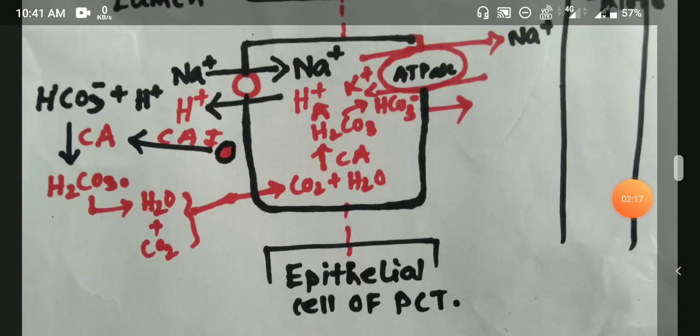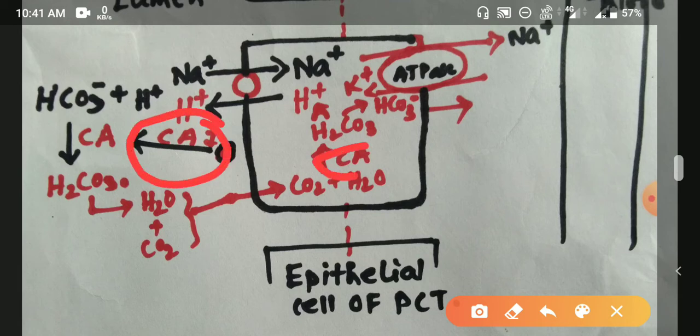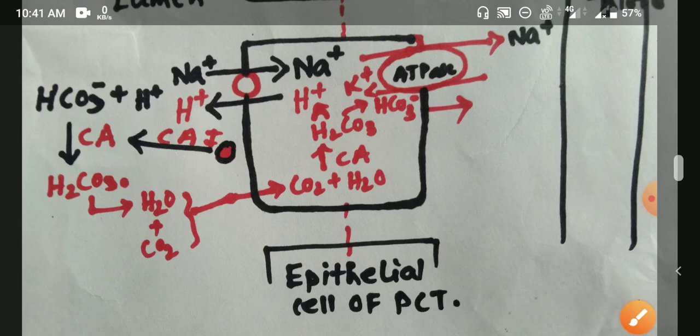So when carbonic anhydrase inhibitors are given, they inhibit the enzyme carbonic anhydrase here and in this portion also. So when carbonic anhydrase enzyme gets blocked, there is no availability of hydrogen ion in exchange for sodium.